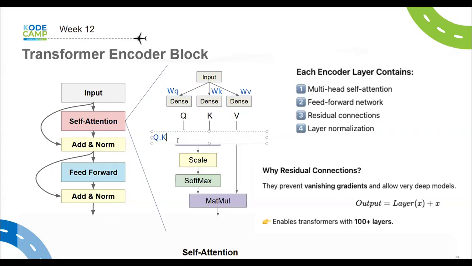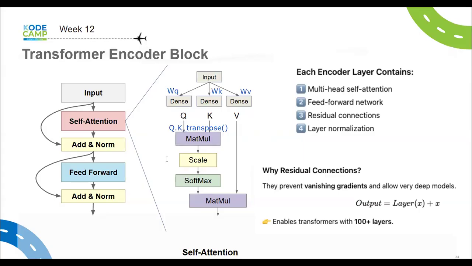So this transpose is actually, let me just use transpose so that we know, right? So we are essentially taking Q times K transpose. That is the matrix multiplication that's going on here, right? Then the output is a scale.